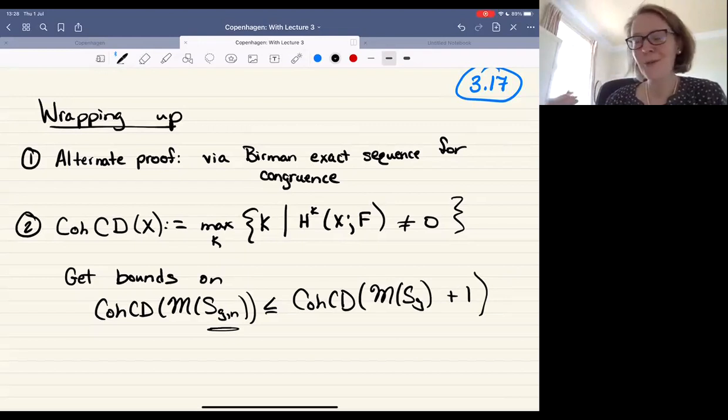So somehow the punctures aren't playing a role when you're talking about this kind of cohomological dimension. So I realize I'm saying that a bit vaguely. But it's something that may be of interest. I just wanted to flag that for people.